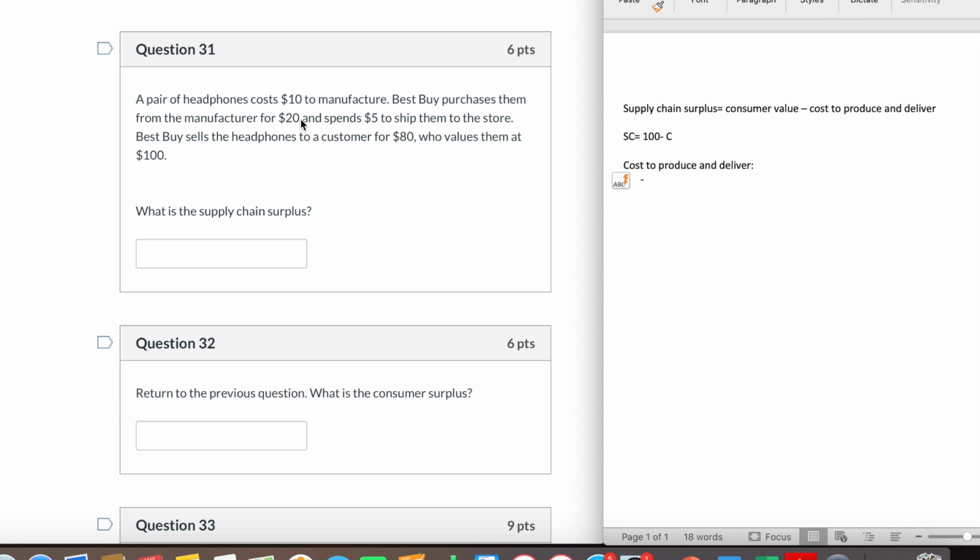That's actually a price for Best Buy. That does not actually involve the product itself. So it takes $10 to make the product, $5 to ship the product. That's production and that's delivery. So therefore, SC equals 100, which is consumer value, minus the $10, minus the $5, and SC therefore is 85.